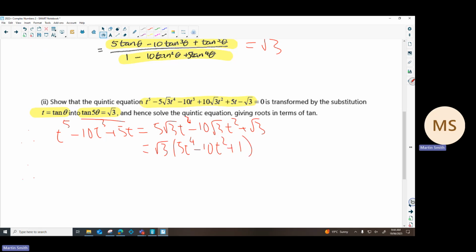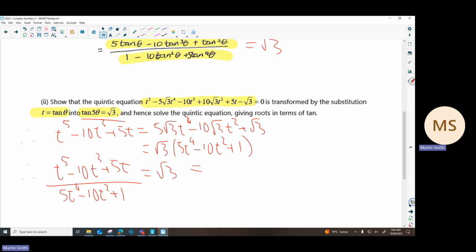So therefore, the equation is the same as t to the 5 minus 10t cubed plus 5t divided by 5t to the 4 minus 10t squared plus 1 is equal to root 3.